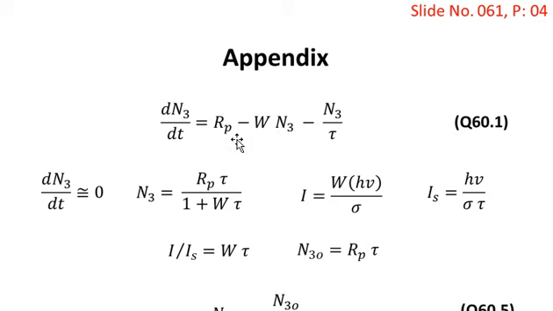And due to the very strong pulse, the Rp, which is the pump rate, and the spontaneous emission term, which is N3 over tau, can be safely ignored in comparison with the stimulated emission term, which is W times N3. So we can simply write, in case of a short pulse duration, that dN3 over dt is equal to minus W times N3.